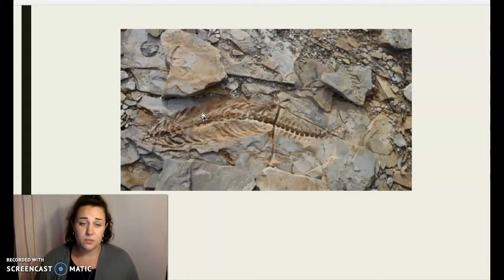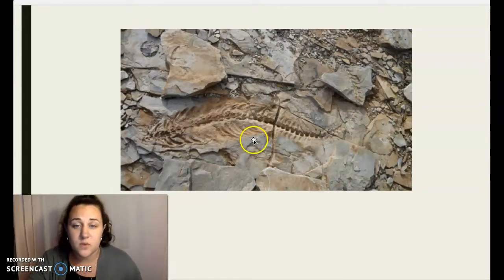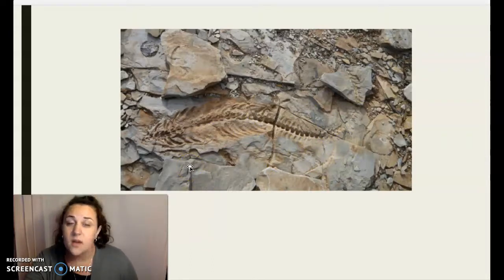Just like when you play with Play-Doh, if you take something and press it in the Play-Doh and then remove it, you're going to have the mold or the impression in the Play-Doh. That's what this is, but it's a fossil. It looks like this rock has been broken up a bit, probably because of weathering or erosion, but it's still a sedimentary rock.